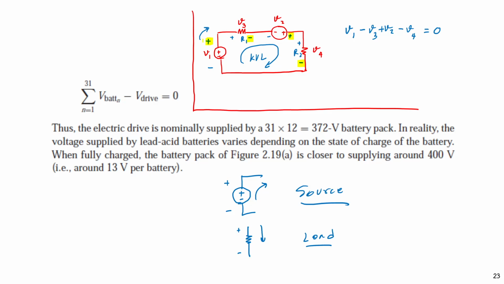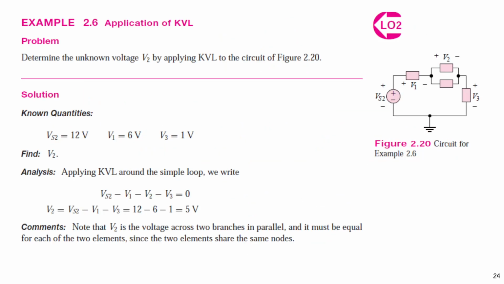Okay, let's see this example, right? To apply KVL. With this circuit, we know that Vs2 is 12 volt, V1 is 6 volt, V1 could be a resistor.